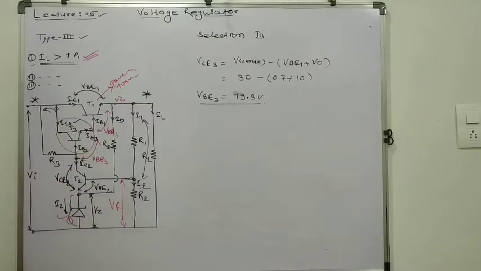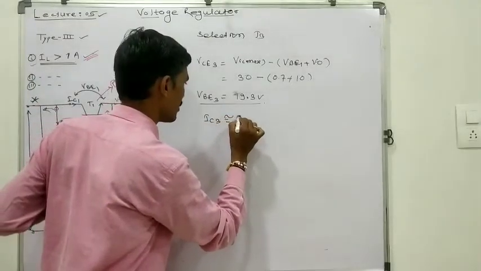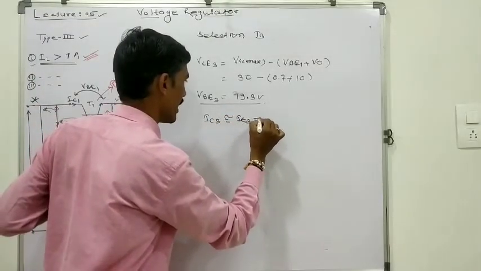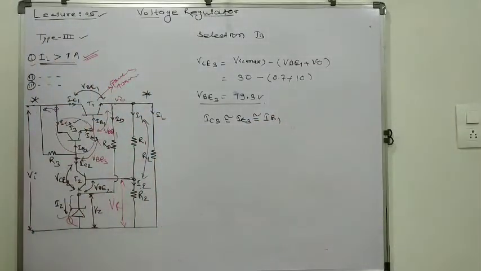If we look at IC3, it is approximately equal to I3, and it is approximately equal to IB1. So we can directly write IC3 is equal to IB1. Is it right?